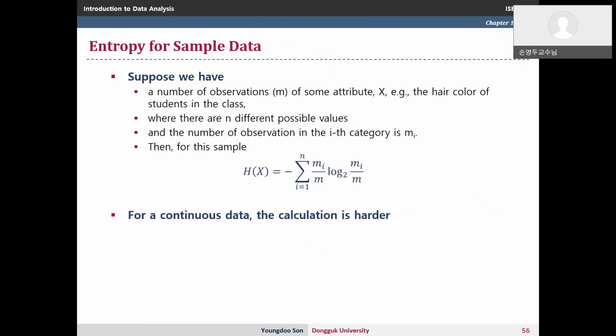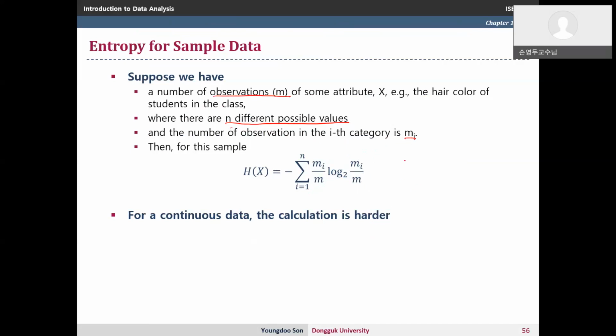So for the data, we can get the entropy of some attribute if there are n different possible values or possible outcomes. Then we can count the number of each possible outcome as m_i, and the total number of observations is m.